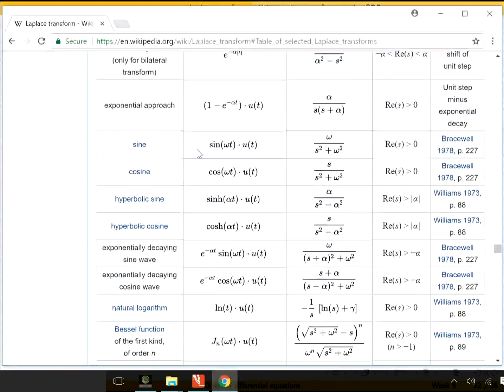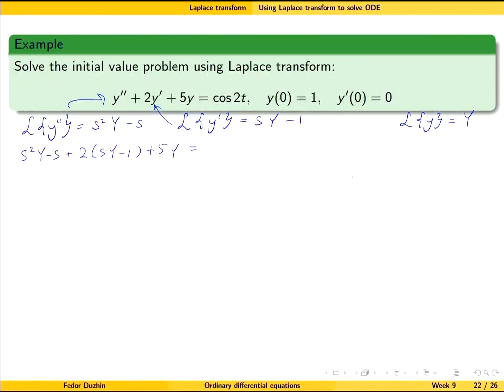Let me show you a table of Laplace transforms from Wikipedia. Right, so cosine of 2t is here. The Laplace transform of cosine of 2t is s over s squared plus omega squared, and omega is 2, so it's s over s squared plus 4.